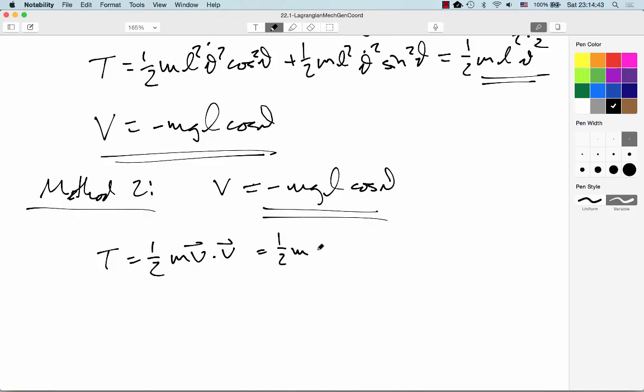So it'll be 1/2 m times r theta dot e theta hat, dotted with itself. And the dot product will be 1/2 m r squared theta dot squared. Yay! Just as before.